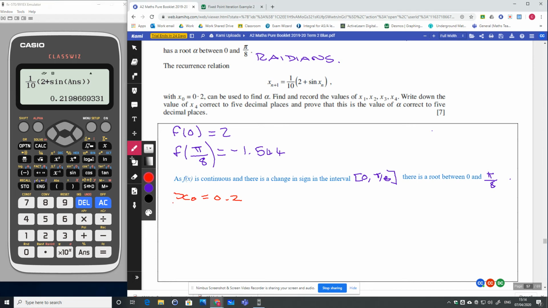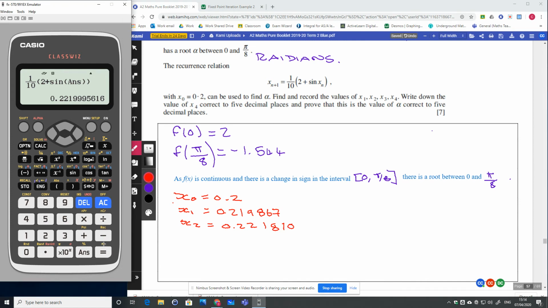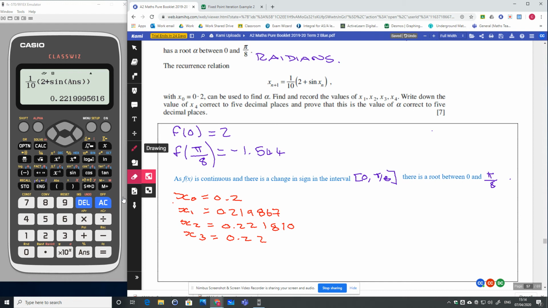So we've got x1 is equal to, what we're going for. x2, x3, x4.